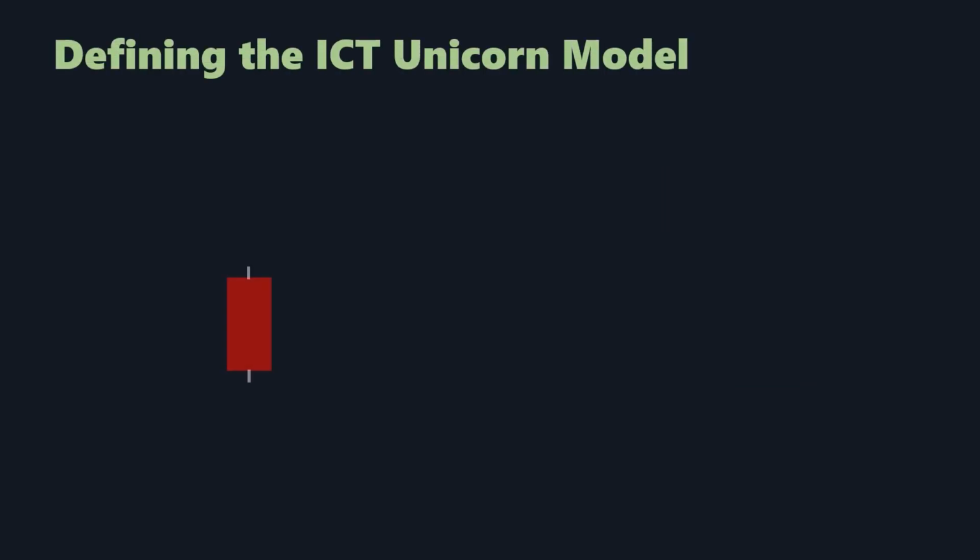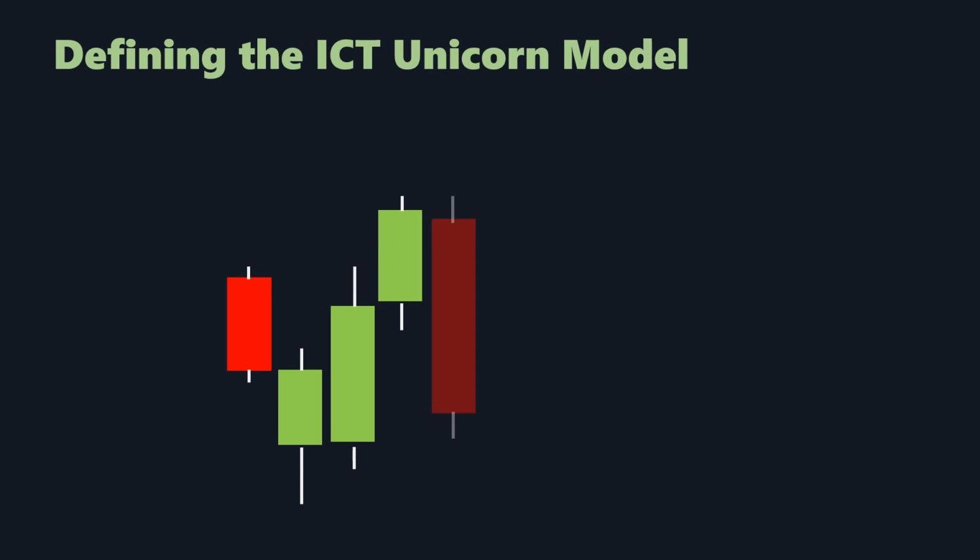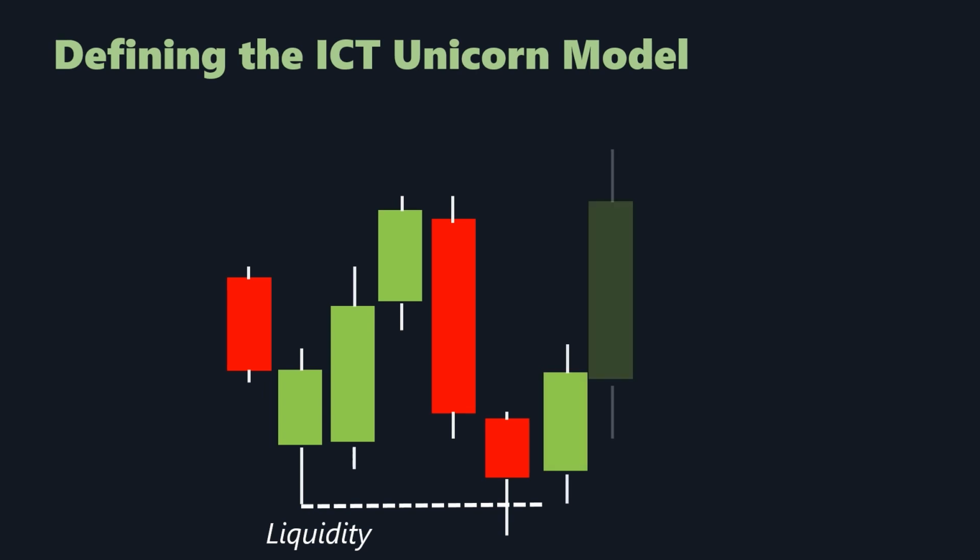When an FVG overlaps with a breaker block, it forms a highly significant trading area known as a unicorn. This overlap creates an ideal zone for traders to enter the market, as it combines two powerful technical signals. The unicorn model is therefore considered an optimal strategy for identifying precise entry and exit points in the financial markets.